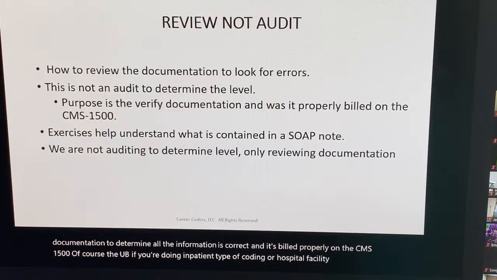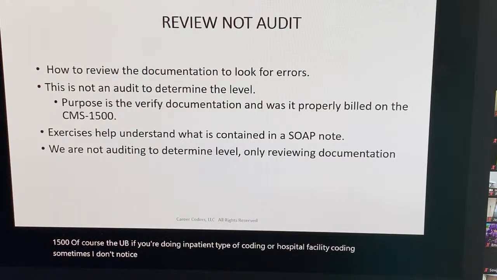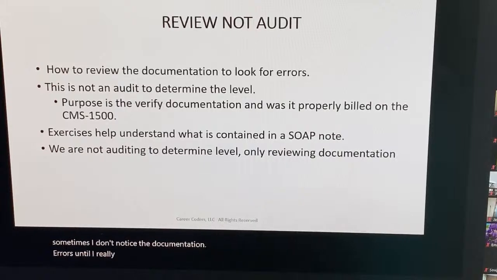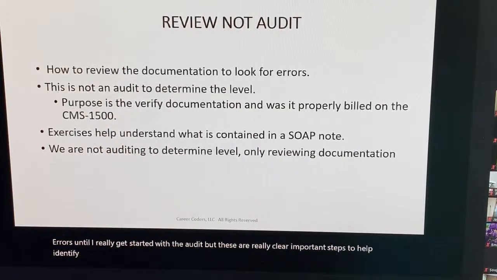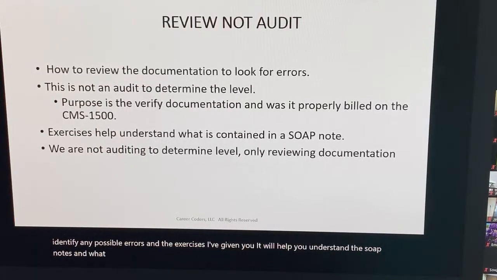Sometimes I don't notice the documentation errors until I really get started with the audit, but these are really clear, important steps to help identify any possible errors. And the exercises I've given you will help you understand the SOAP notes and what you want to review and not review, depending on the information and the documentation.